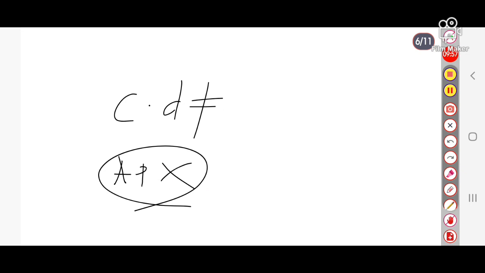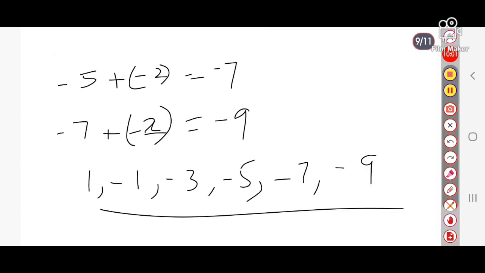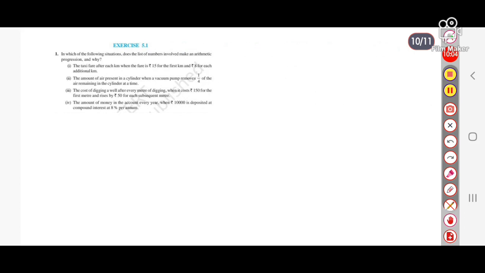After this, they have given exercise 5.1. Exercise 5.1 first question asks: in which of the following situations does the list of numbers involved make an AP, and why? So they have given 4 subdivisions.